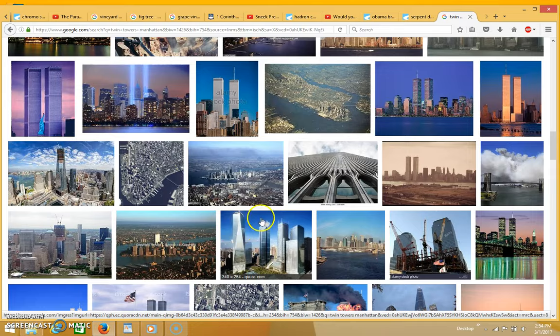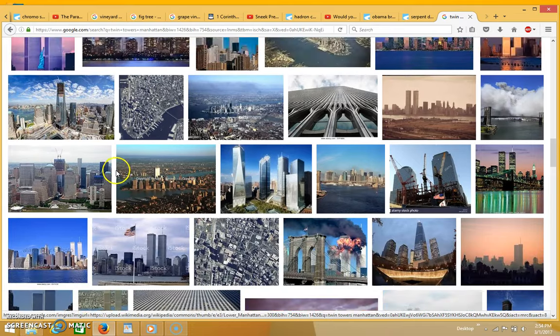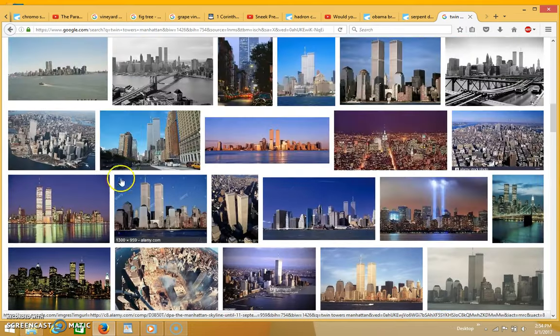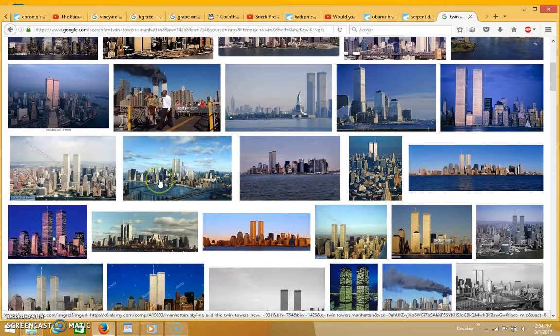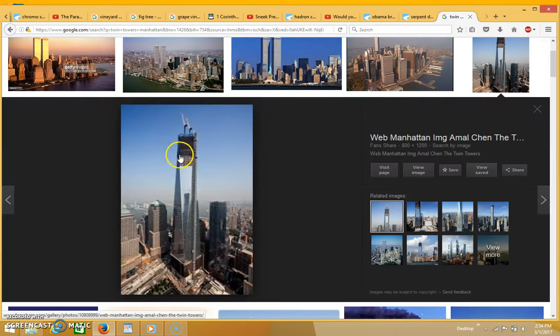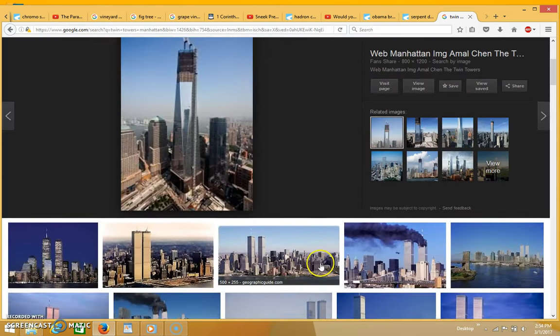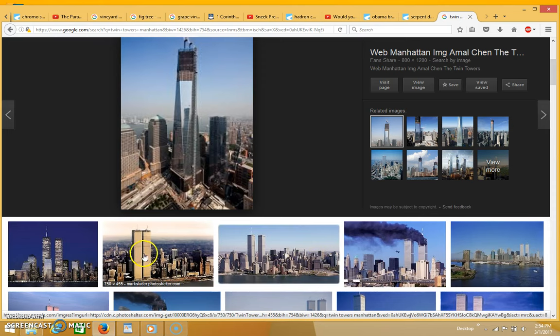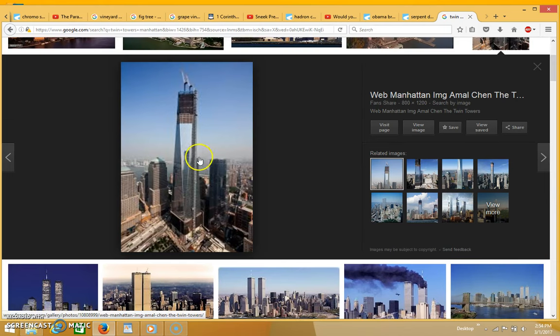Right here you have the Freedom Tower, and it looks like the two DNA strands being twined together. You see one right here, an image of the Freedom Tower. So these represent the 23 chromosomes and the other 23 chromosomes, and then this is the 46 with the two of them bound together.